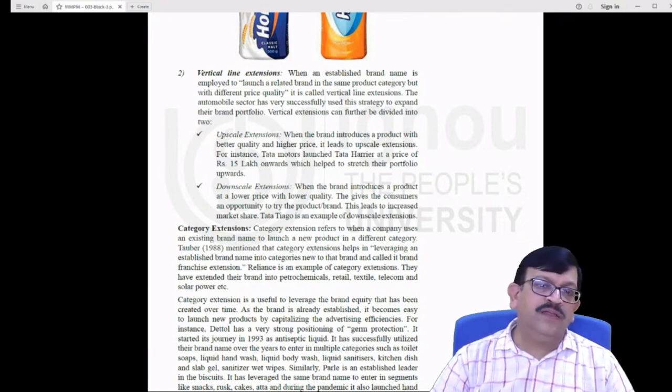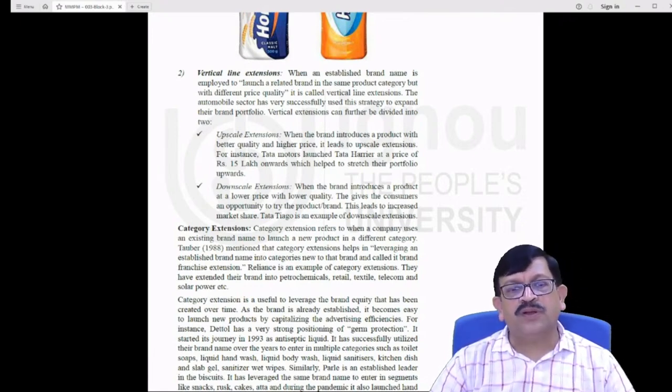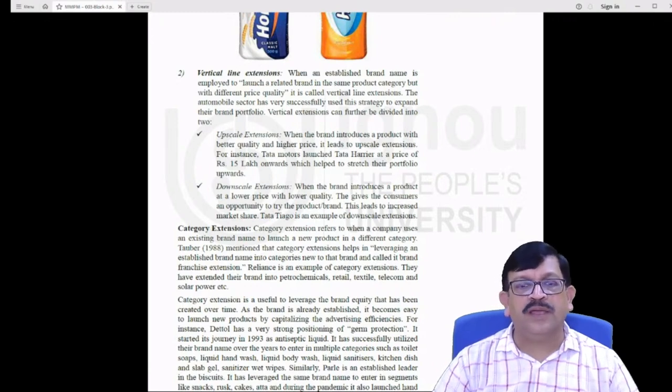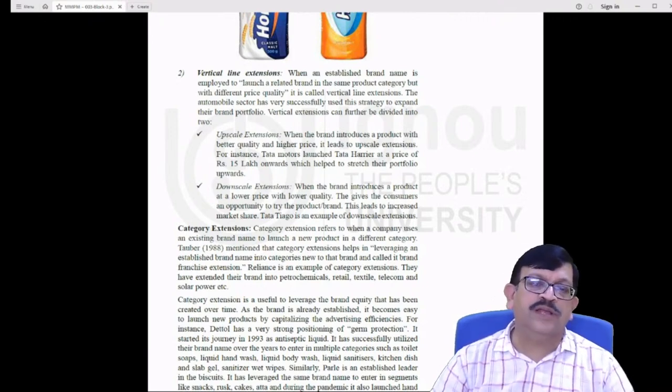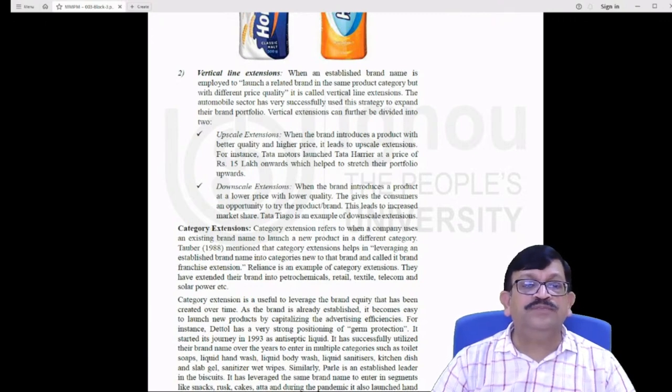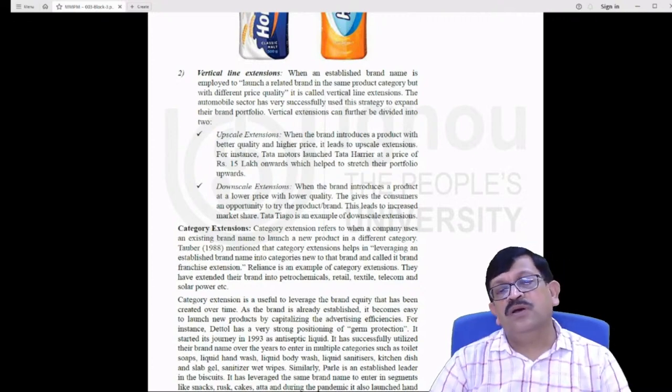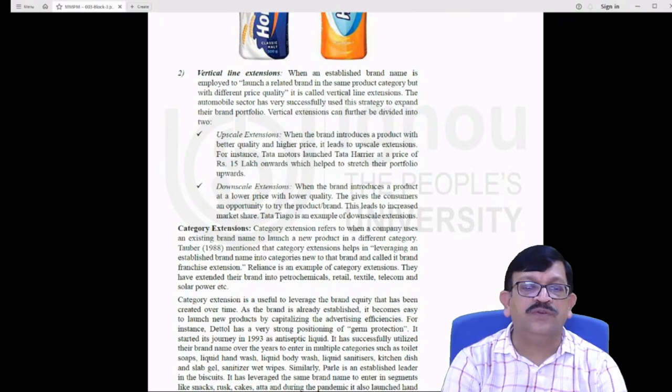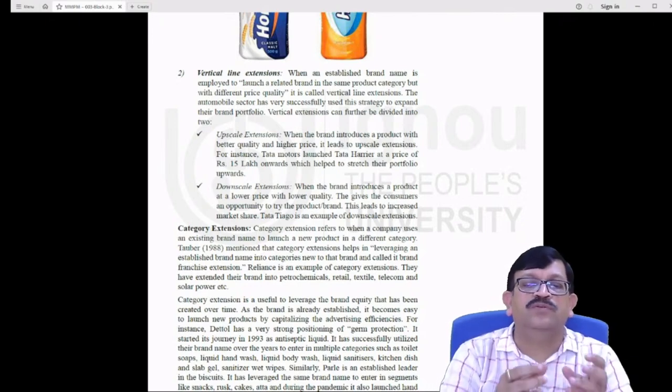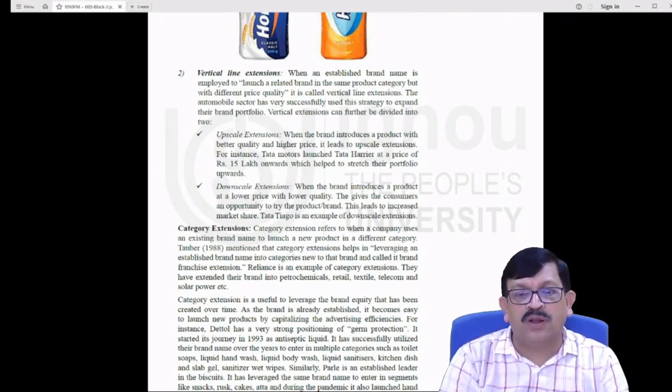Another way of looking at it is the products we use day by day. In the case of consumer products like Dettol, they are represented as an antiseptic cream, right? In 1993, they were mostly at a strong positioning of germ protection, which was basically a brown liquid in a bottle.